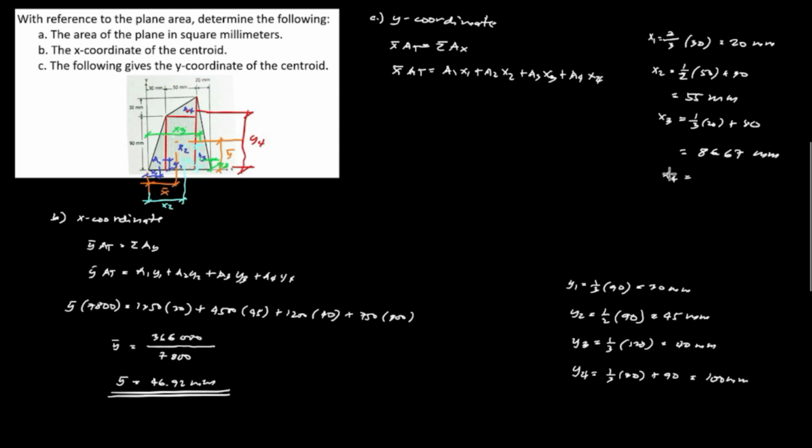And x sub 4, from this point up to the y coordinate. X sub 4, from this point up to the edge of the triangle, that's 2/3 of the base, plus from this point up to the y coordinate, or 30. 2/3 of the base, which is 50, plus the distance 30, is equivalent to x sub 4 equal to 63.33 millimeter.